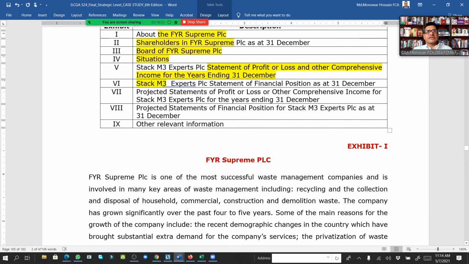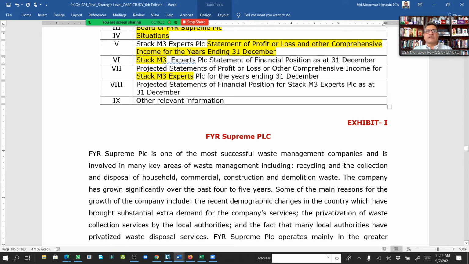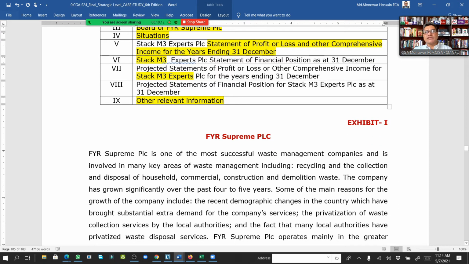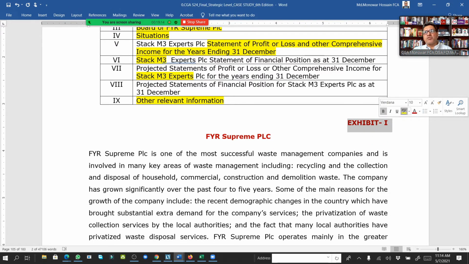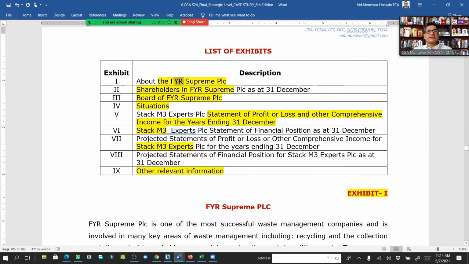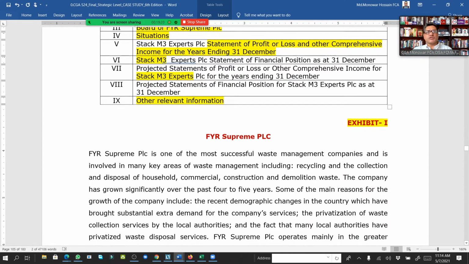Projected statement of profit and loss for that company, projected 2 or 3 years, and projected statement of financial position and other relevant information within these exhibits. Total here 9 exhibits. If we see exhibit number 1, it discusses FIR Supreme.